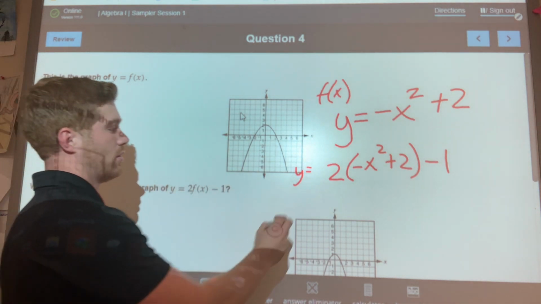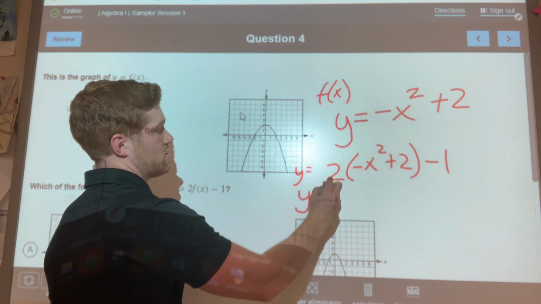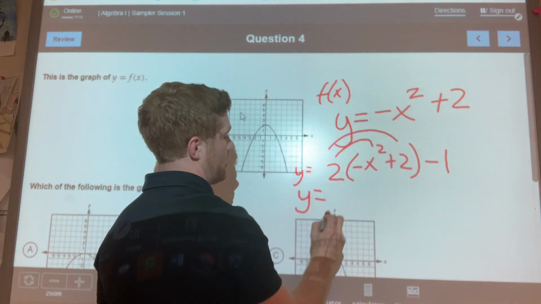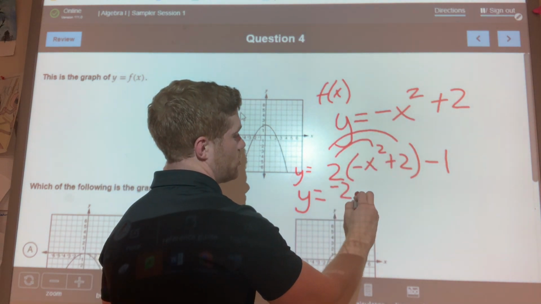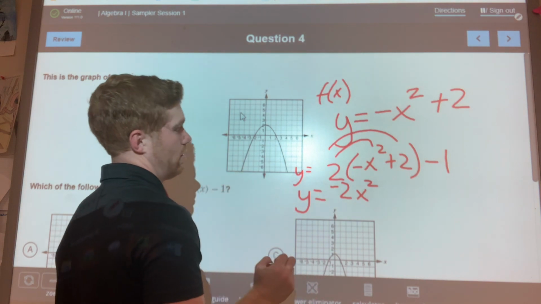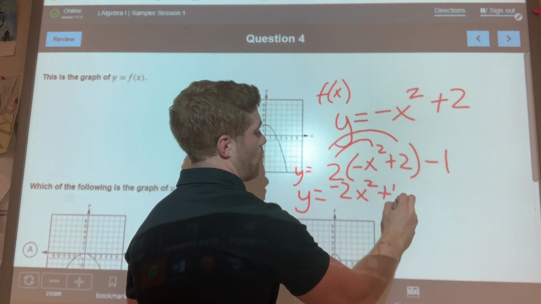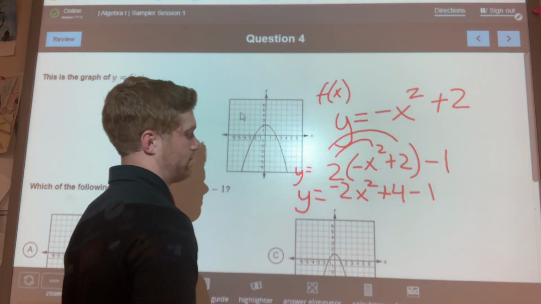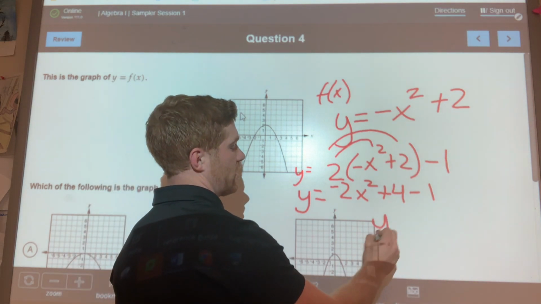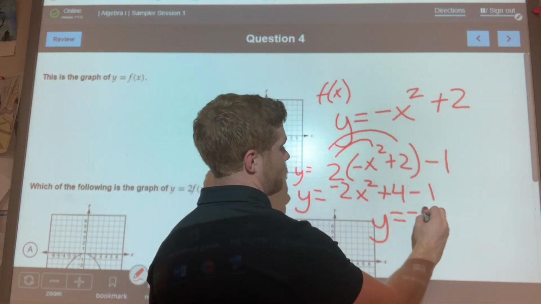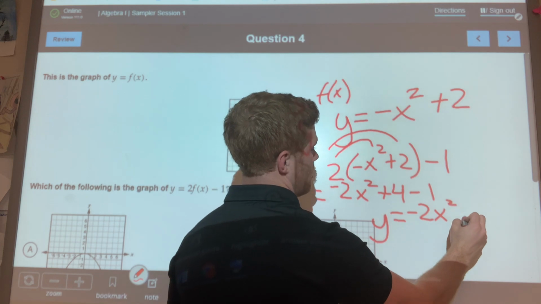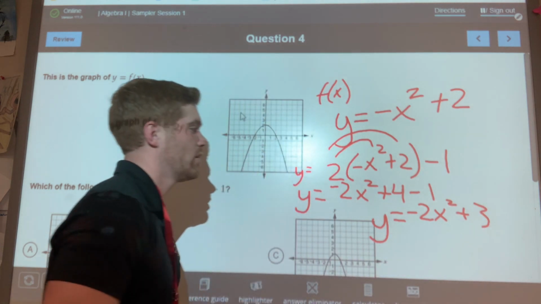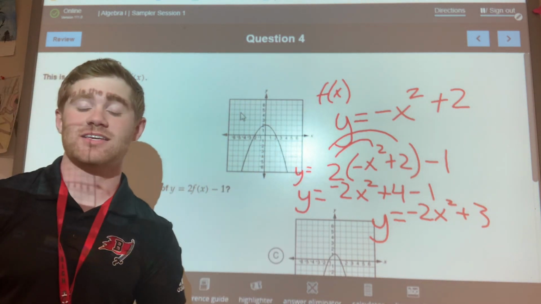Okay, so if I were to look at this, y equals, we'll use distributive property, negative 2x squared plus 4 minus 1. So I know I'm looking for a graph that looks like negative 2x squared plus 3. Okay, so I know my y-intercept's at least going to be 3.